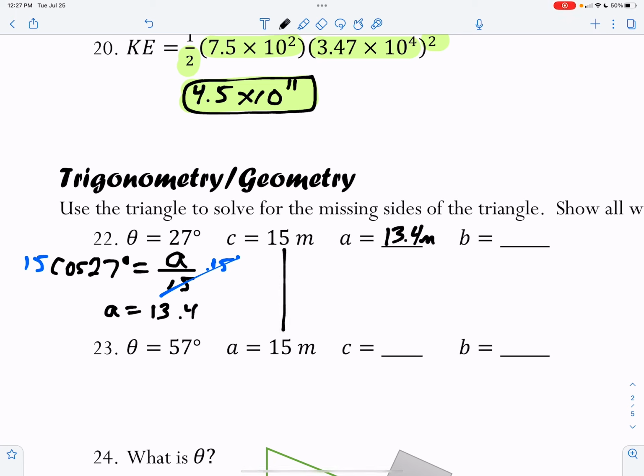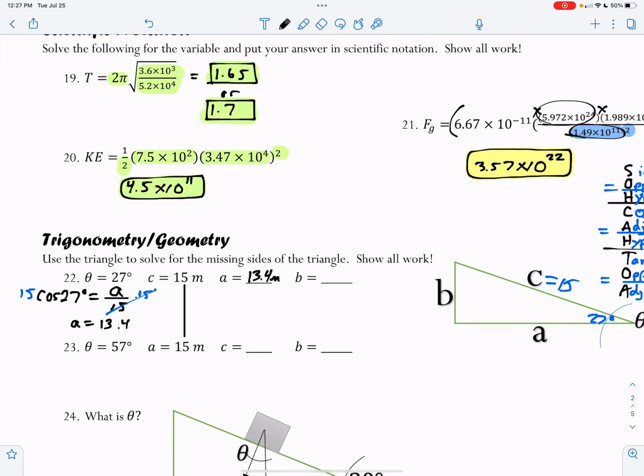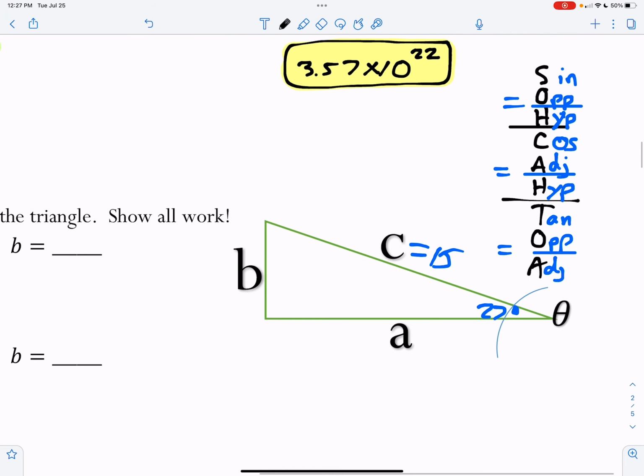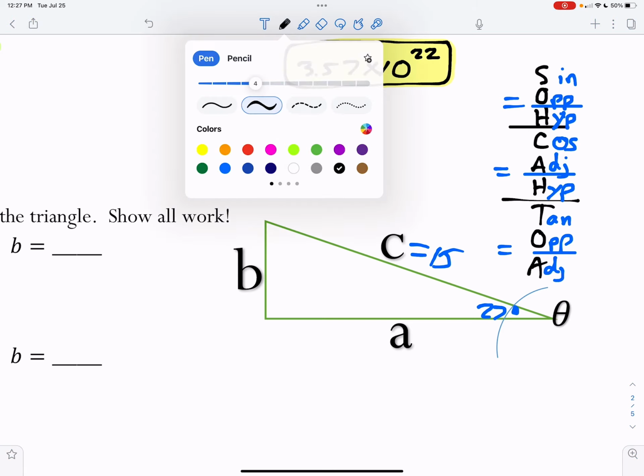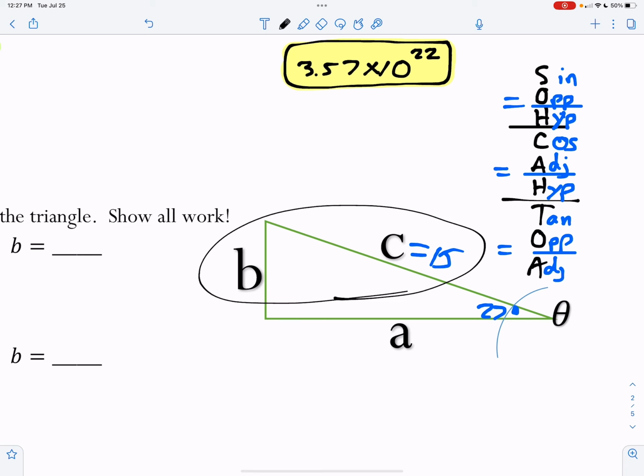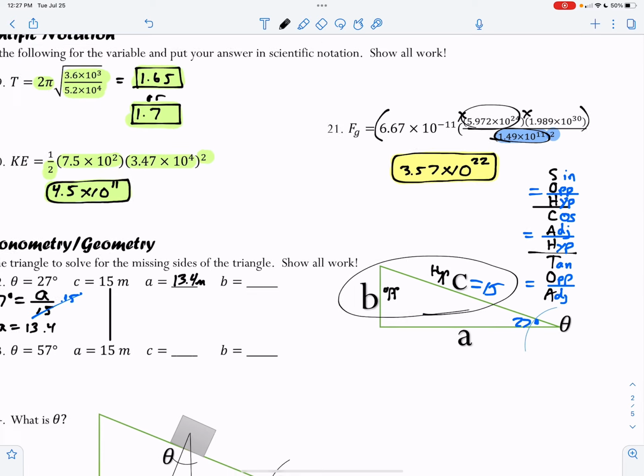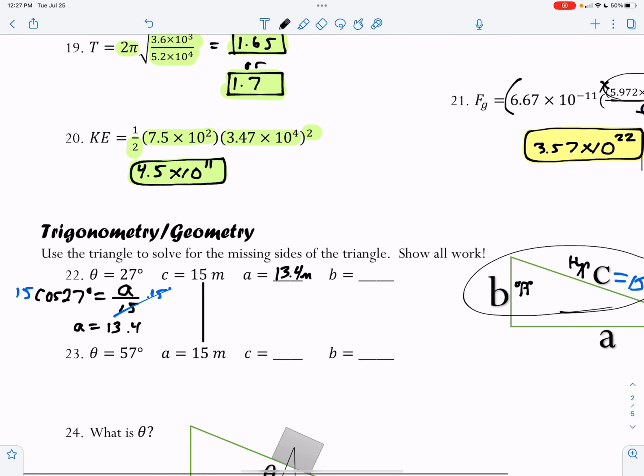Now part B, to get side B rather, yes, you could use the Pythagorean theorem, but at the same time, I want you to try and practice your right triangle trigonometry. So for this, I could use the opposite side and the hypotenuse, which means I'm coming up with a sine ratio.